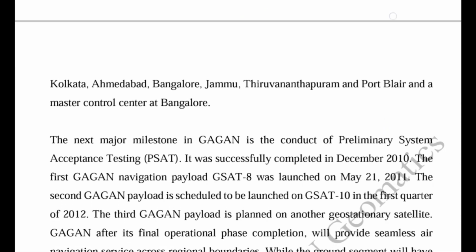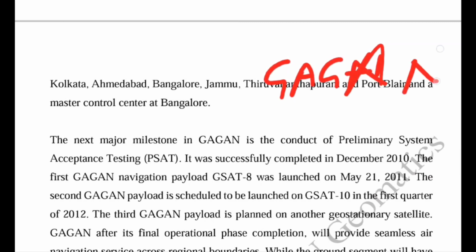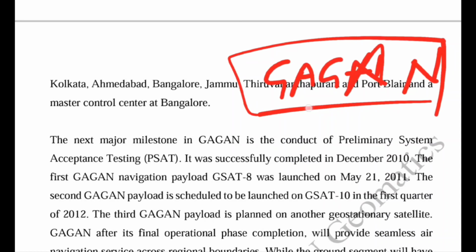and there will be one master control which monitors the satellites which are launched into orbit for the Gagan satellite system, because we know that GNSS is the constellation of satellites which provide the positioning, timing service and the location information.